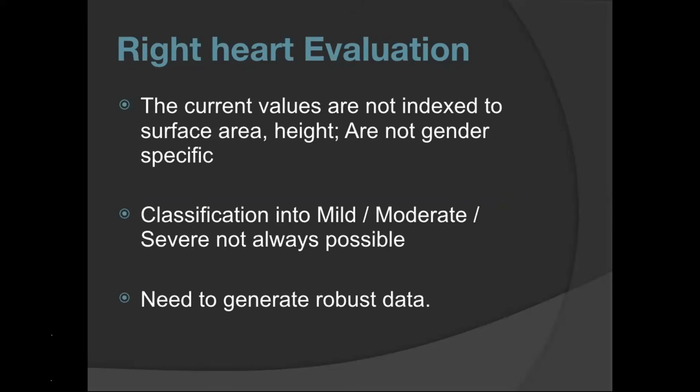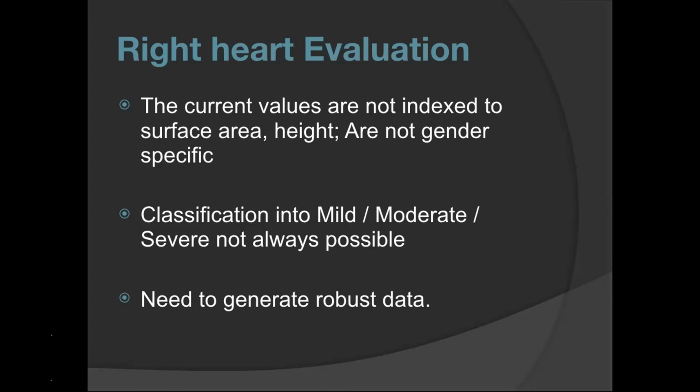But there are certain limitations compared to the left side, which is the blue-eyed baby of the heart. We all are left-side heart experts, but very few right heart experts. The current values are not indexed to body surface area. You saw clear, straightforward numbers. You may be a 6 foot tall or a 4 foot person, the same criteria are applied. So that is a limitation.